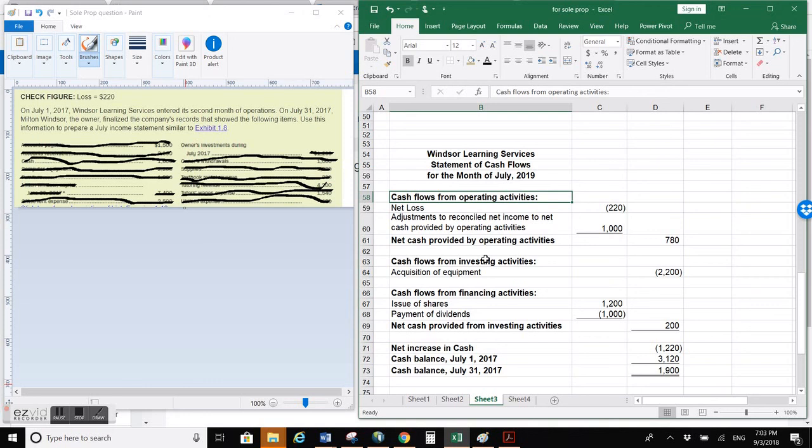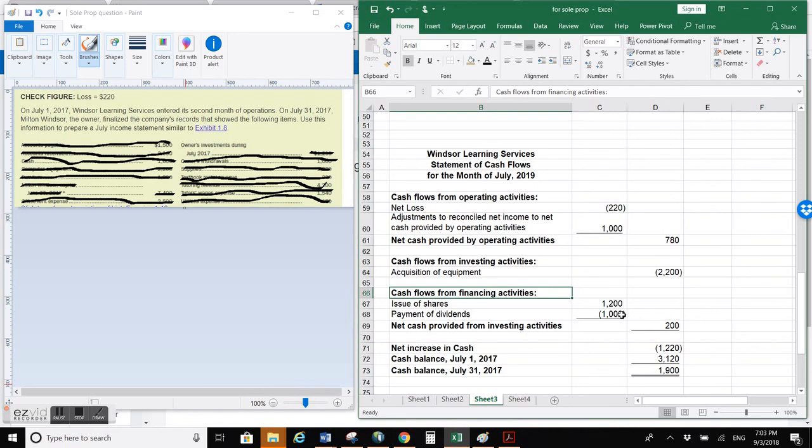Investing activities are when the company buys or sells big assets, like buying a bunch of equipment. That would take $2,200 out of the bank account and would be subtracted on our statement of cash flows. Cash flows from financing activity means owner investment, issuing shares, payment of dividends when owners withdraw out of the company.